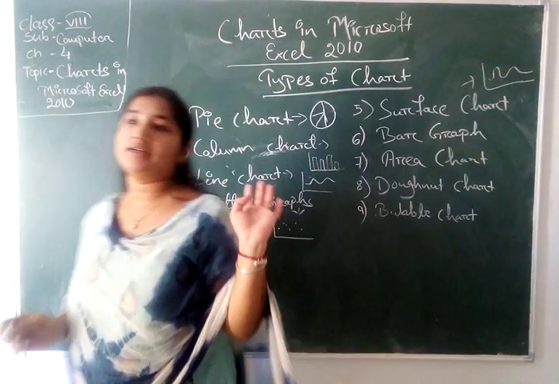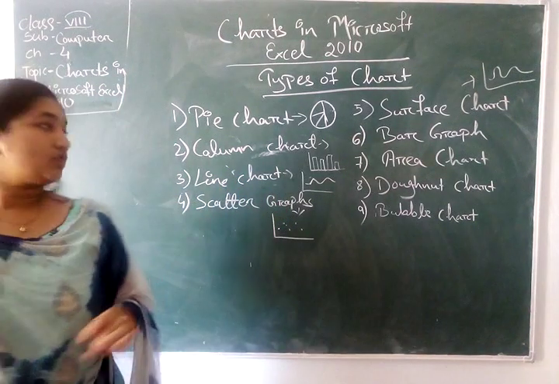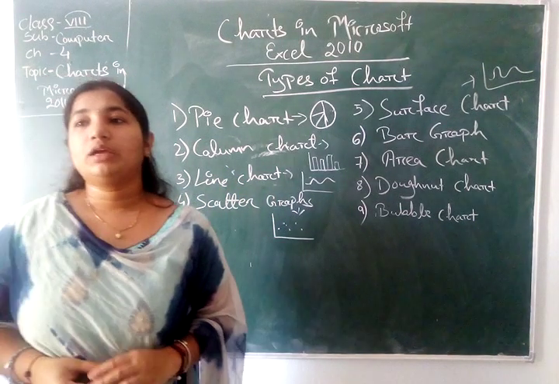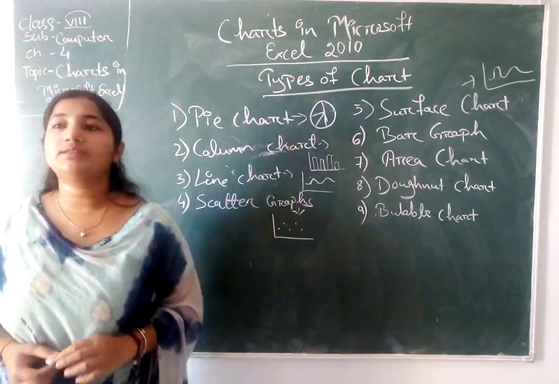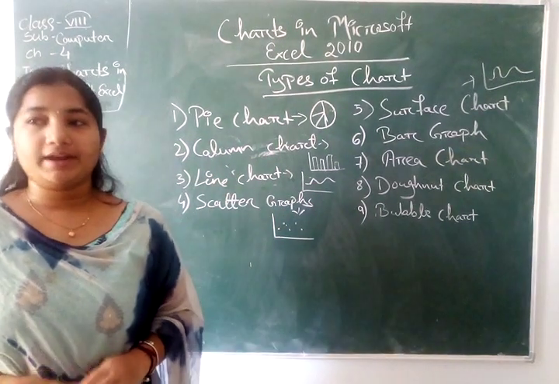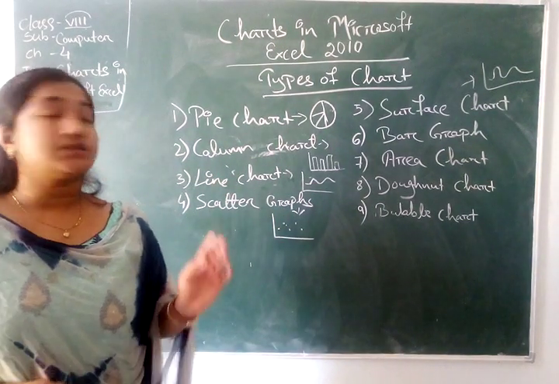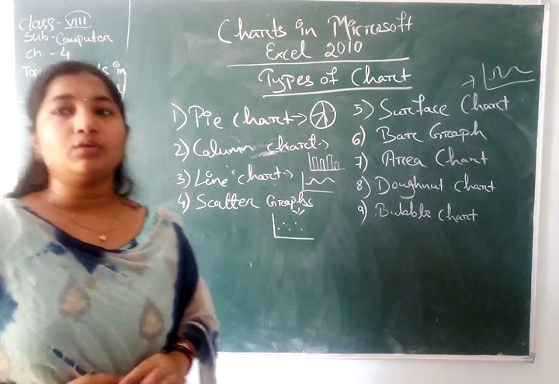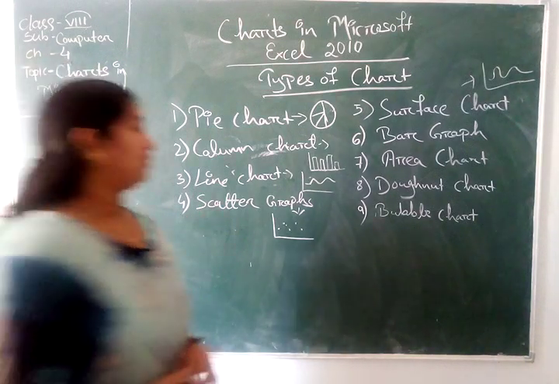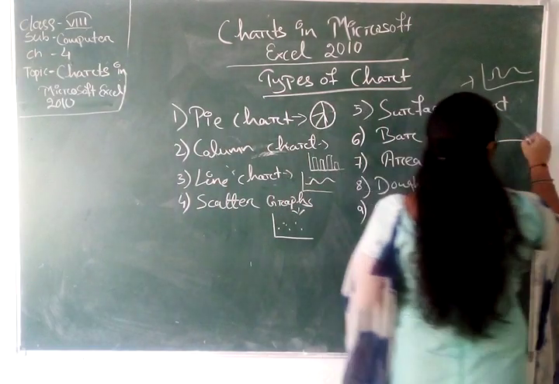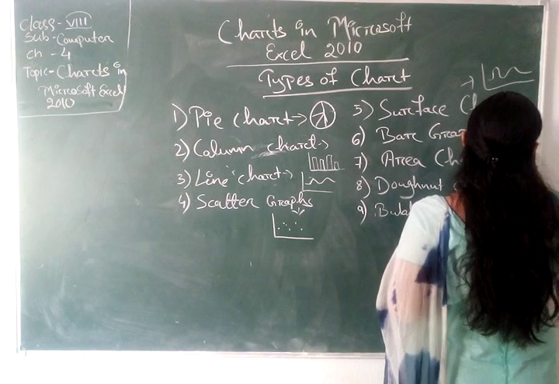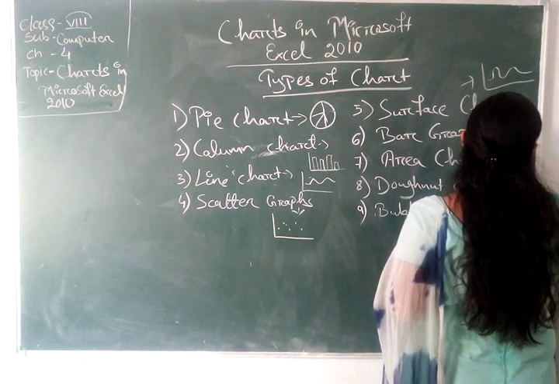Surface chart is represented like that. Next one is our bar graph. It is for comparison among individual items, and the bar graph is represented horizontally.